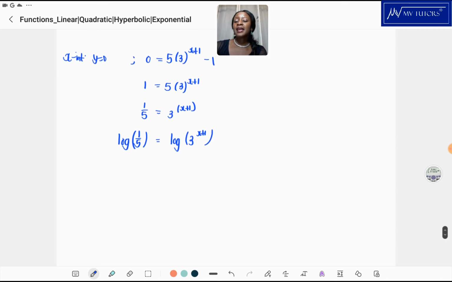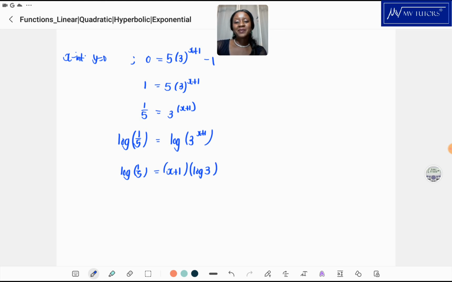And I know that if I have a power there, I can bring it down. So log 1 over 5 is equal to x plus 1, I brought down the exponent, and I have log 3. So I'm multiplying this.